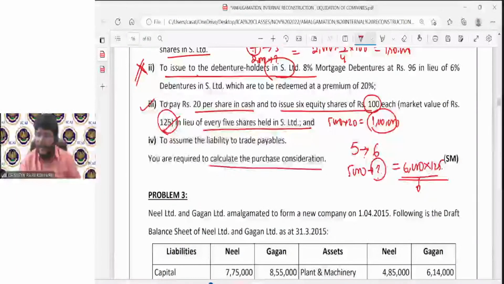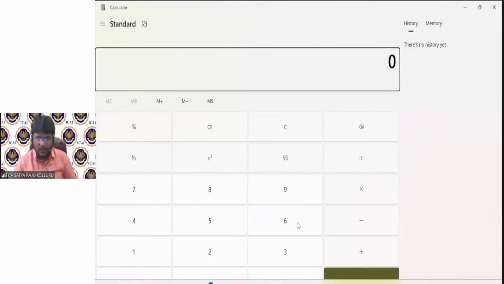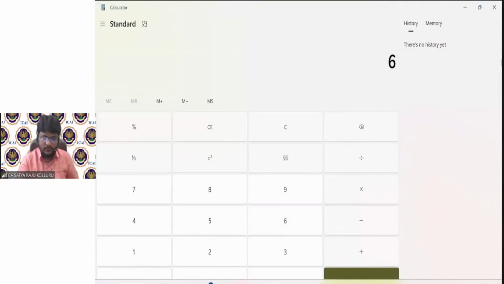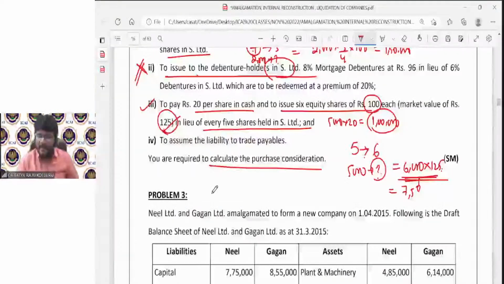This calculation: 6,000 into 1,25,000, which equals 7,50,000. Am I right? Let me open my calculator here. 6,000 into 125, which I got as 7,50,000.